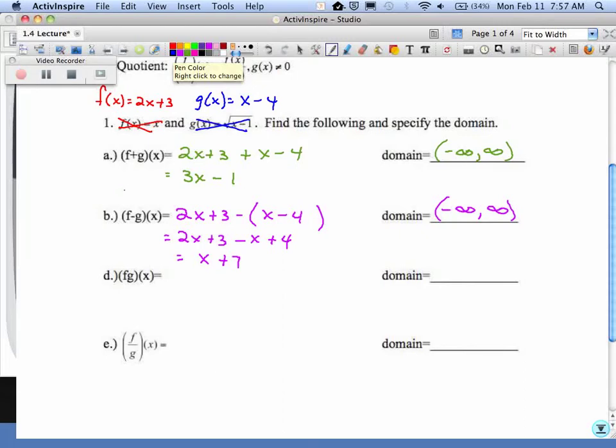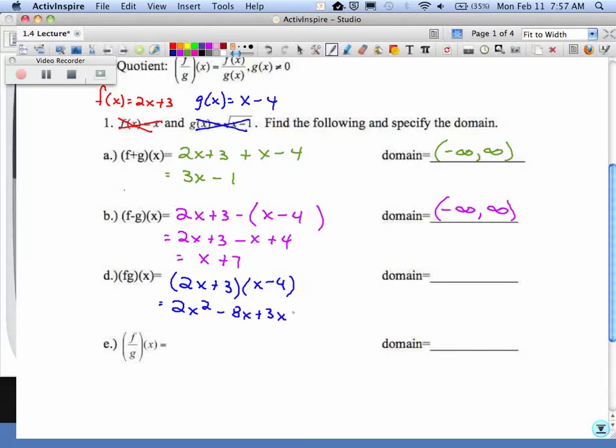Multiplying. You will end up doing a FOIL method or a box method, but 2x times x gives me 2x squared. Depending on how you do this, you might go 2x times negative 4 gives me negative 8x. 3 times x gives me 3x.